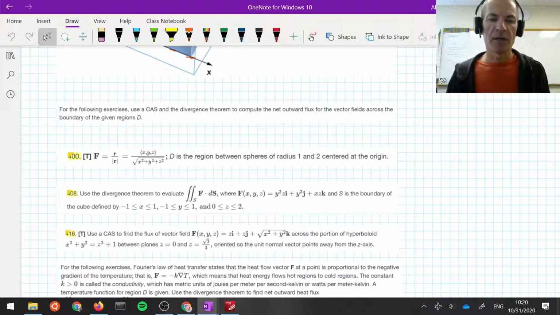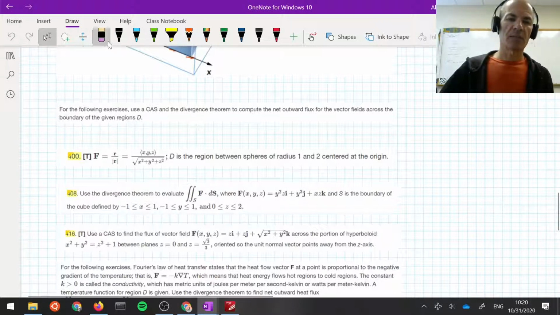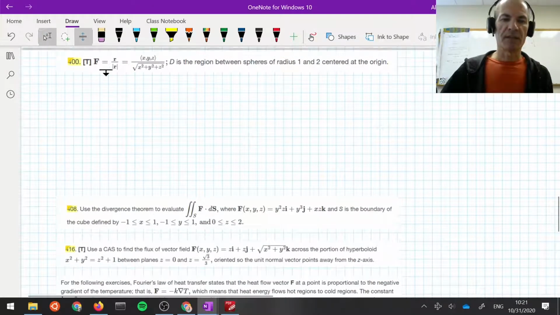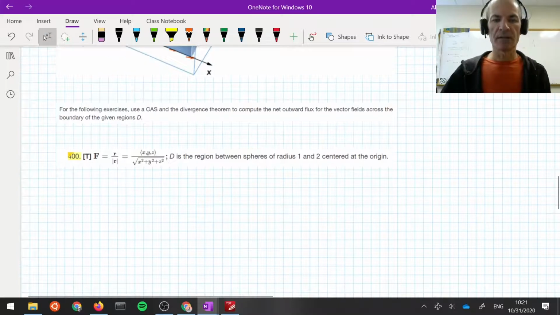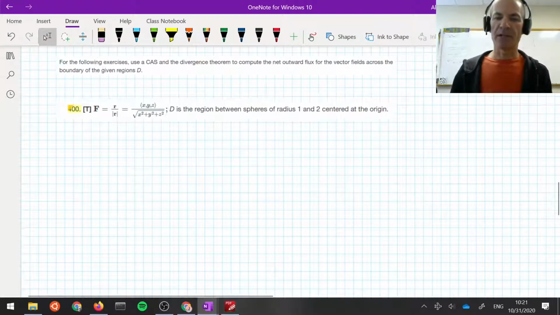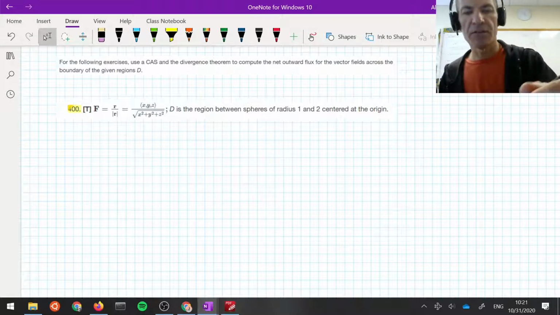All right. In problem 400, we are asked to compute the net flux outward for the given surface. I chose this one because I find the vector field a little bit challenging, but it's also a vector field that you encounter in physics classes all the time.